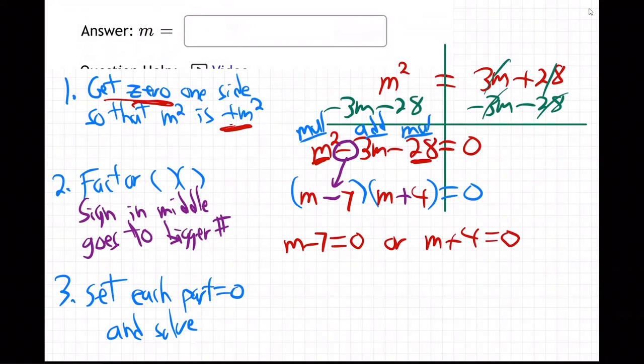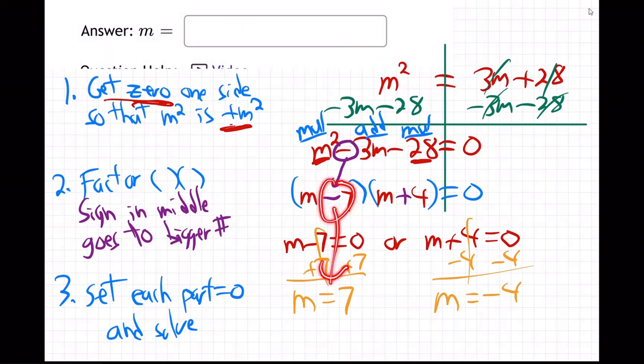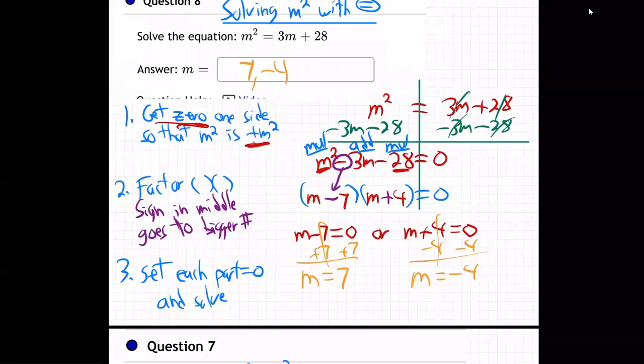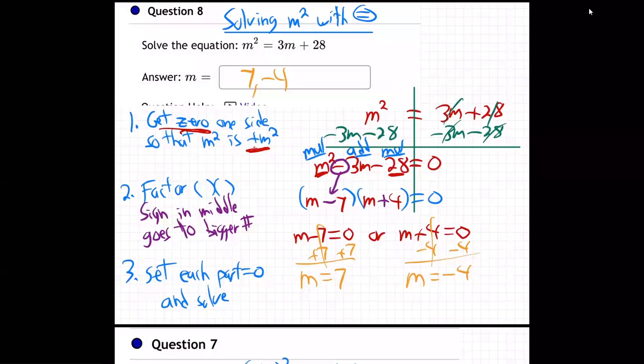Then we just finish from there. I add 7, so m is 7. Subtract 4, so m is negative 4. You've probably seen the pattern: whatever's in the parentheses, the answer is the opposite sign. That's always going to work. So there are our two answers, 7, comma, negative 4. I want you to put both answers with a comma between them.